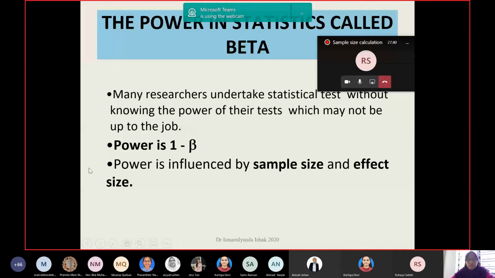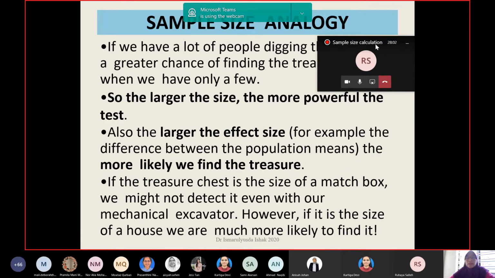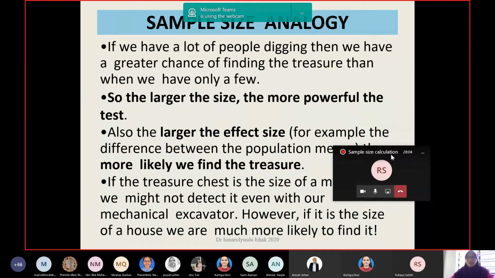So power is 1 minus beta. Power is influenced by sample size and effect size. The more sample size, the more your power. The more effect size also increases your power. Now, that is about the power.